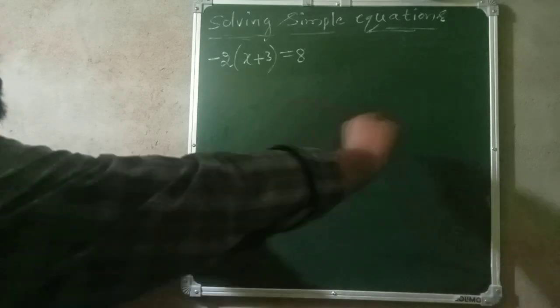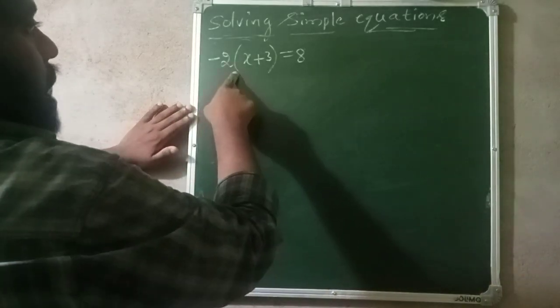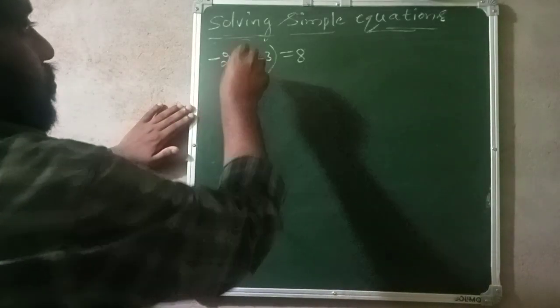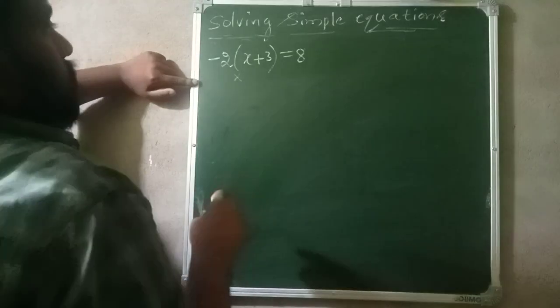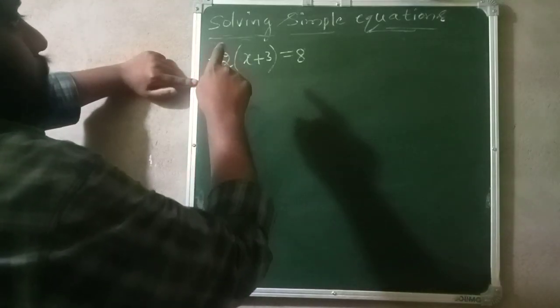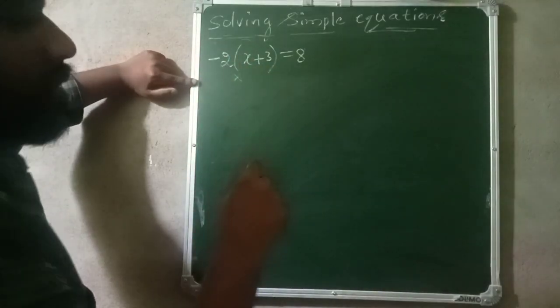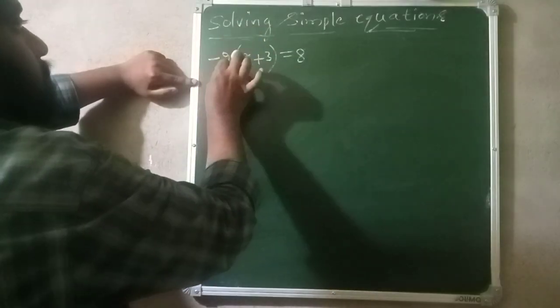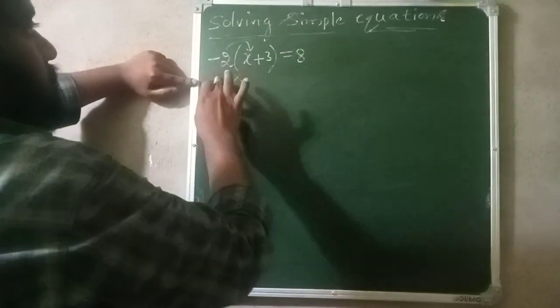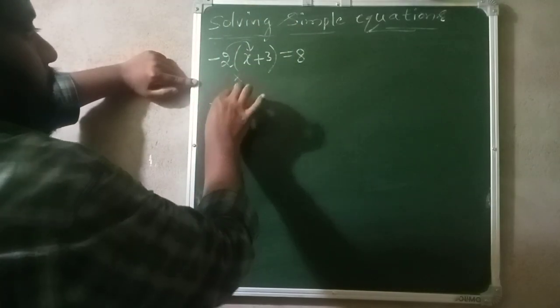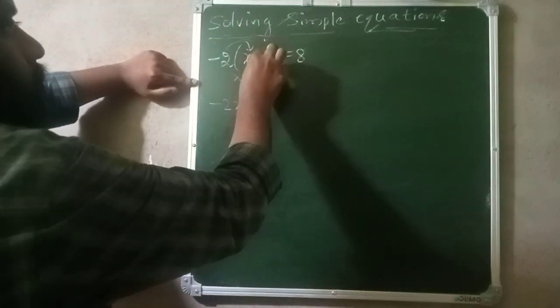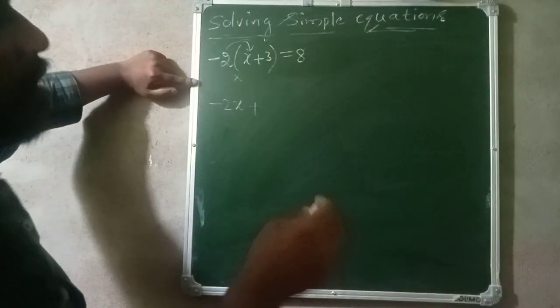How can we remove? See, this bracket is like into. So it is like minus 2 into x plus 3 like that. So first multiply this minus 2 with x. So minus 2 into x is minus 2x. Next plus you keep as it is.